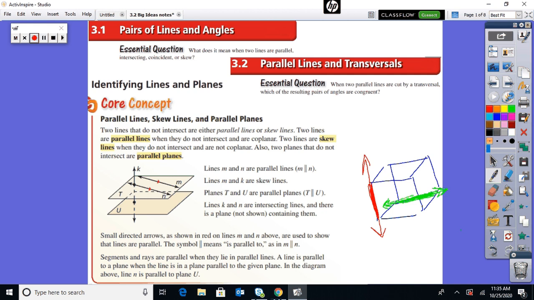So therefore we needed a new word for that situation, and that gives you skew. There's also some examples here. Lines M and K are skew because they're not going to touch, but they're not parallel.